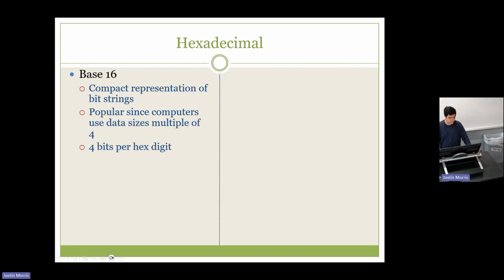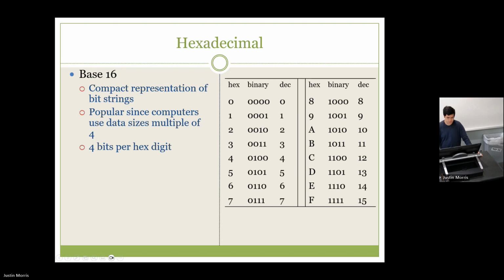And this is also very popular because computers oftentimes use data sizes that are multiples of 4, because there's 4 bits per hex digit. Right, so if I have these 4 bits, I can just convert it to the hex version.